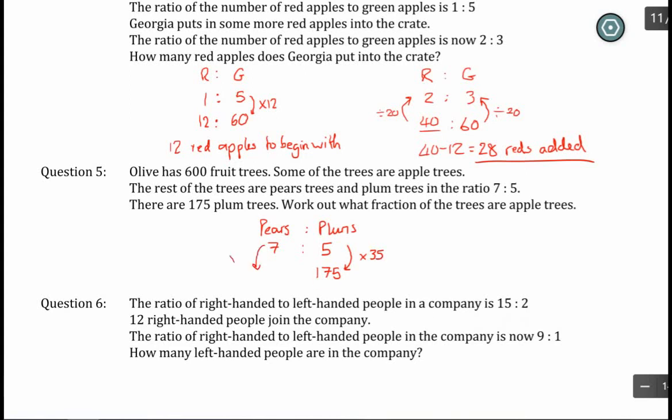So how many pear trees are there? 7 lots of 35. 210 plus 35, 245. So altogether that makes 420, I think. Which means if there were 600 trees to begin with, 180 must be apple trees.